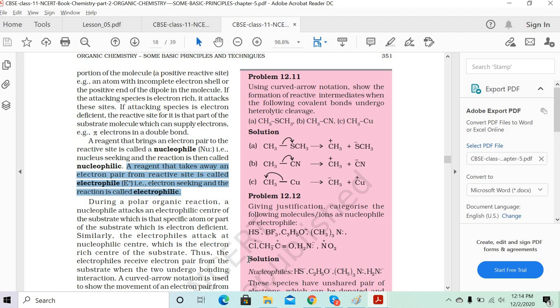That means now the reagent has the positive ion, and the substrate has the anion, that means it is rich in electrons. So when the reagent attacks and takes the electron, it becomes the electrophile. Electron loving reagents are called electrophilic. Nucleus loving reagents are called nucleophilic.